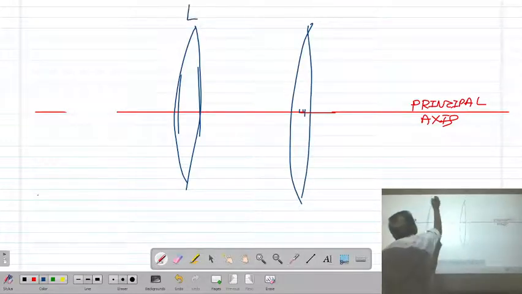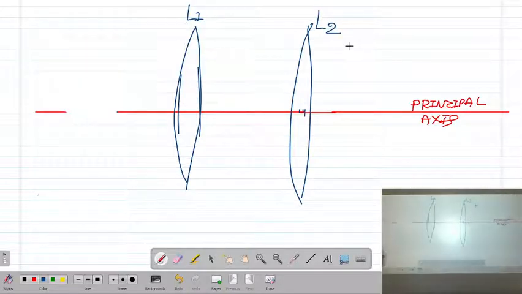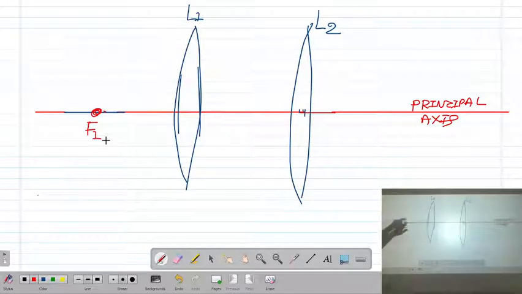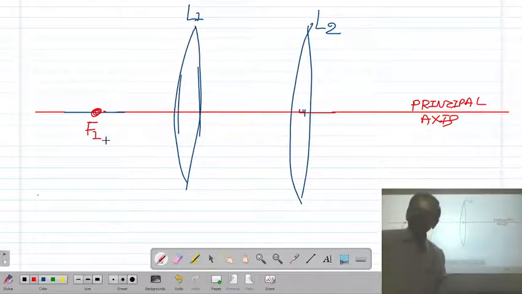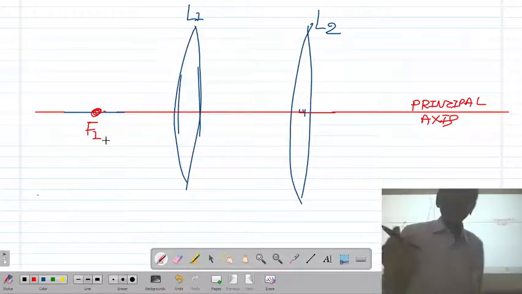So this is the first lens L1, this is the second lens L2, and as defined, F1 is the first focal point. Now I consider one ray of light traveling parallel to the axis.